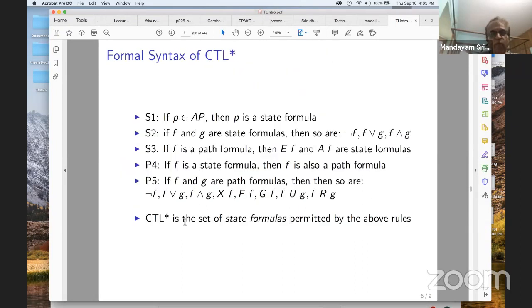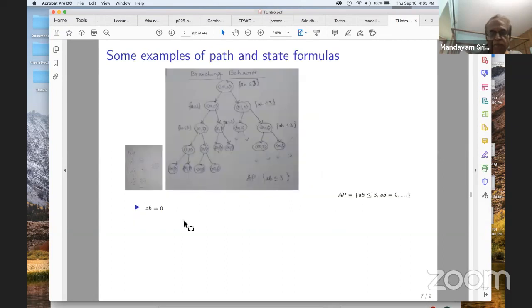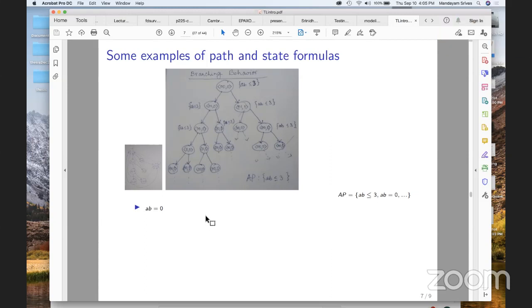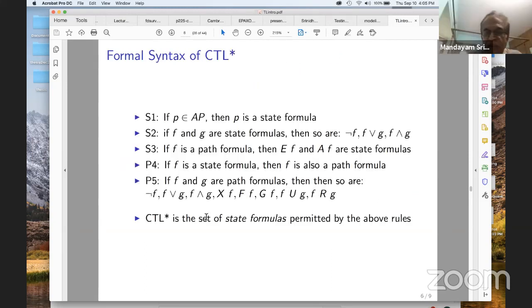So let me take a few examples to help you understand the syntax better, and hopefully understand what state and path formulas represent, on the running example that we're using. What is an example of a path formula that is not a state formula?